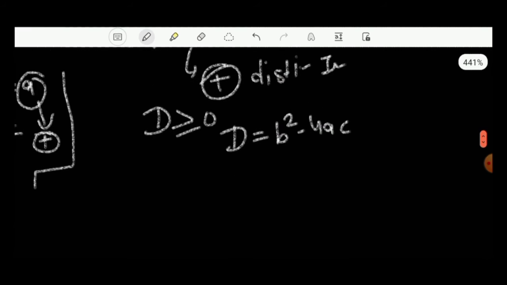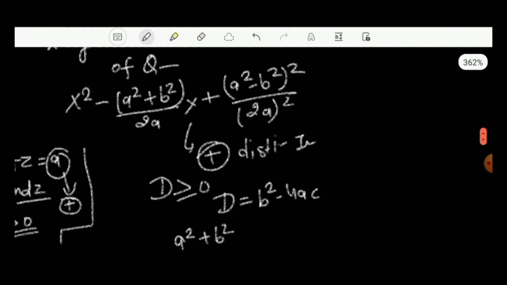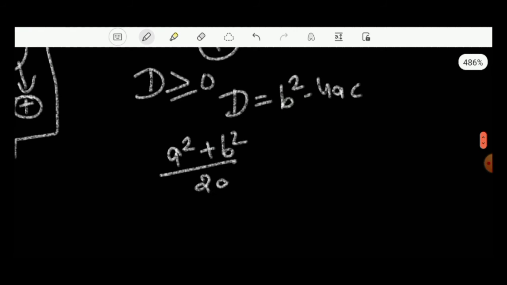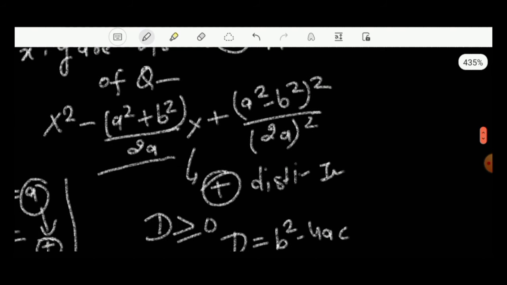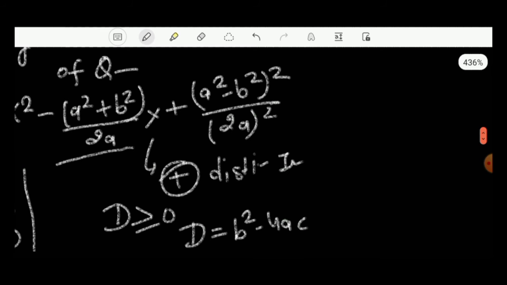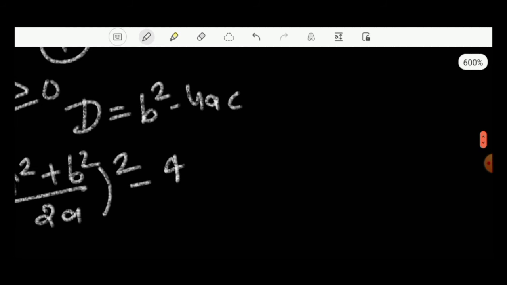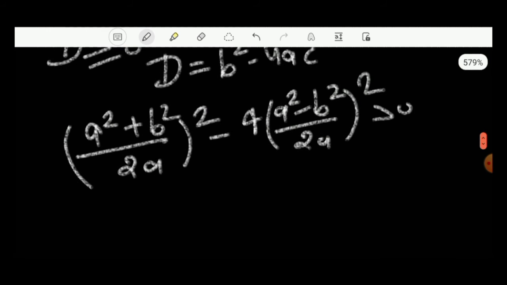So we can say that a square plus b square upon 2a whole square, which is our b, minus 4 times c. Since our a is 1, the value of c is a square minus b square divided by 2a whole square, and D is greater than 0.